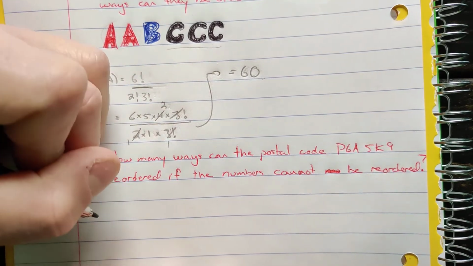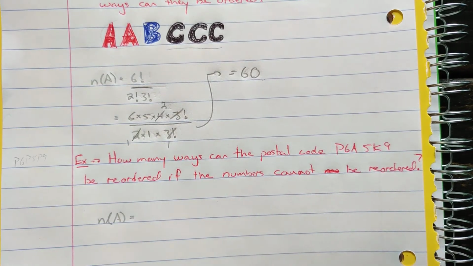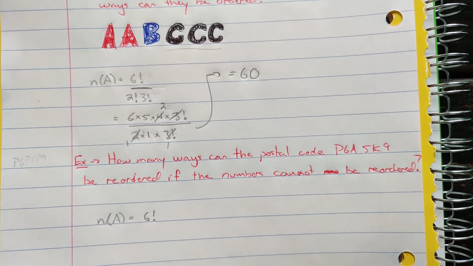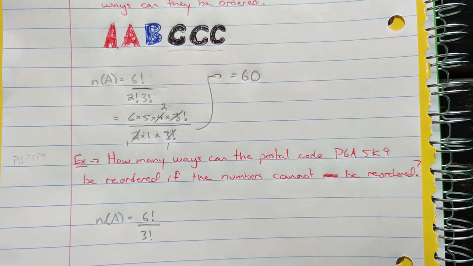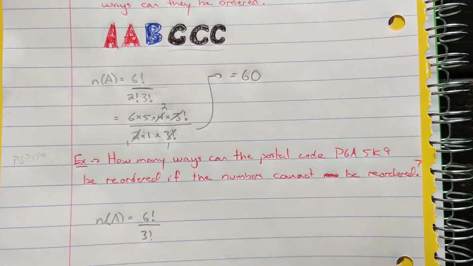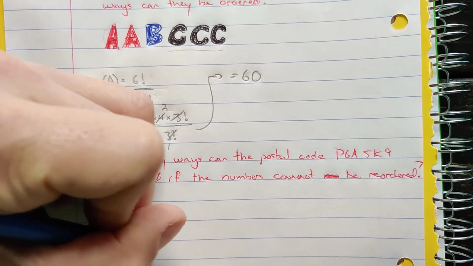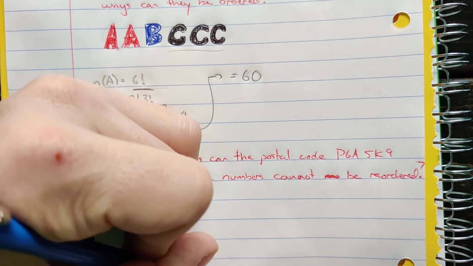So the total number of arrangements without any restrictions would be 6 factorial. And then with the numbers not being rearranged, there are 3 factorial ways of arranging the numbers. So 6 times 5 times 4 times 3 factorial over 3 factorial.